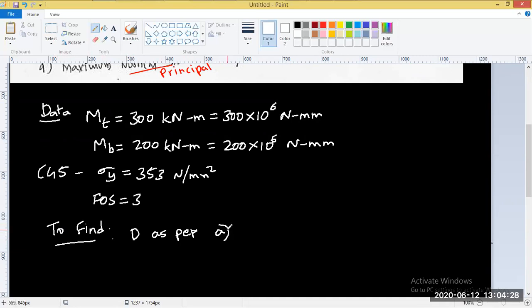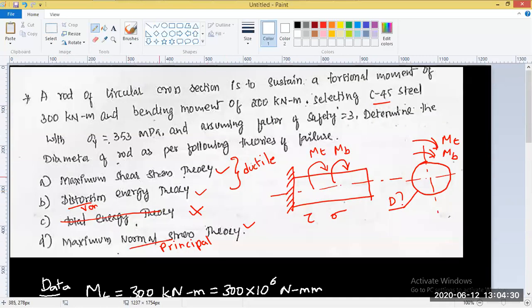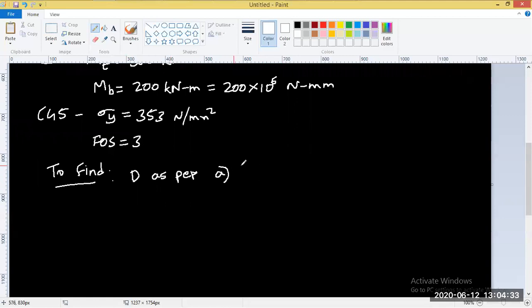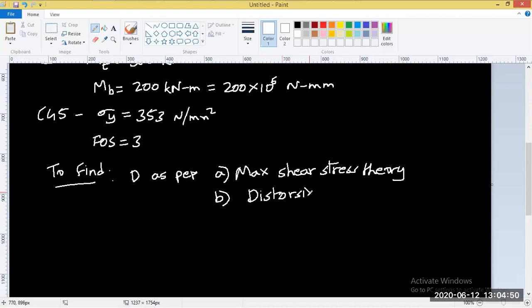The first one, A, is the maximum shear stress theory, B is the distortion energy theory, and the last one is the principal stress theory.